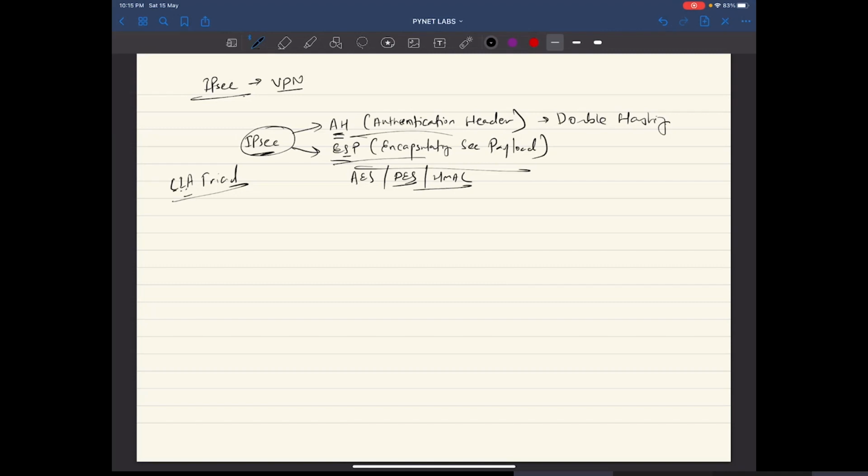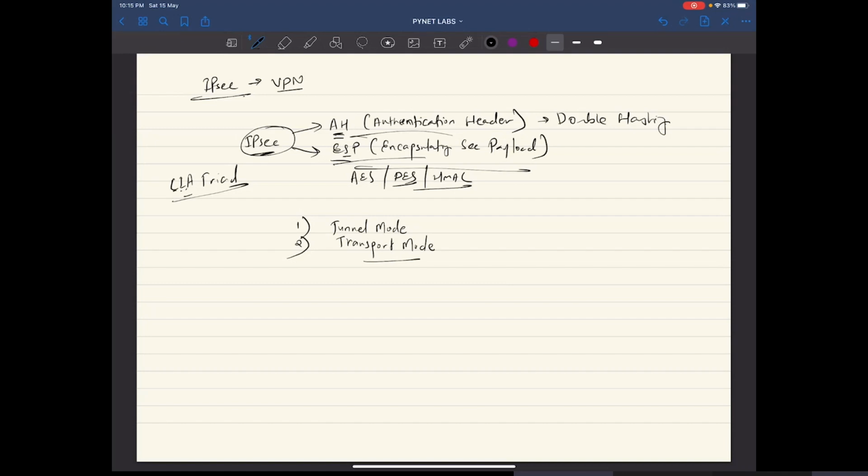When you talk about how the encryption technologies work, they work in two modes. One is called tunnel mode, and the other is called transport mode. Tunnel mode encrypts both the payload and the header.